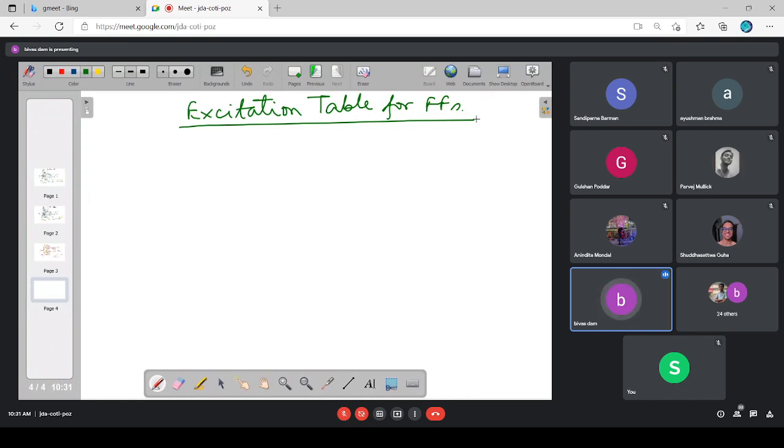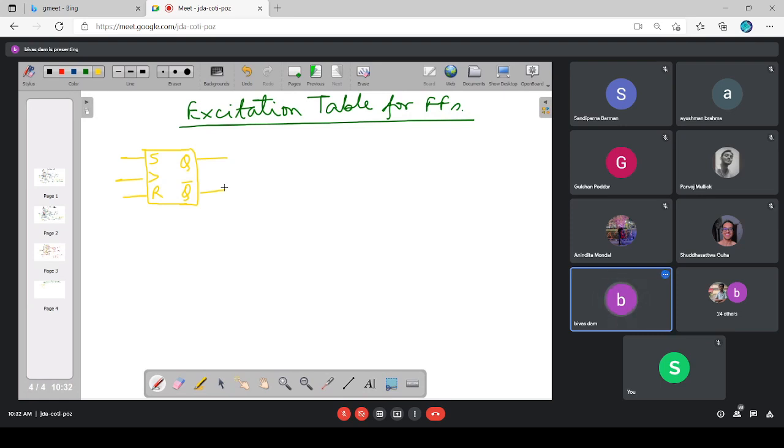Now, I'm going to describe the excitation tables for different flip-flops. What do I mean by excitation table? Here I have drawn the block diagram of one SR flip-flop.